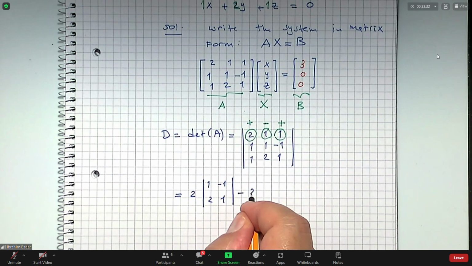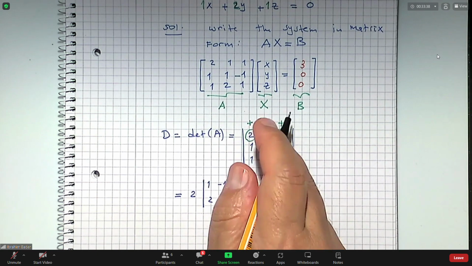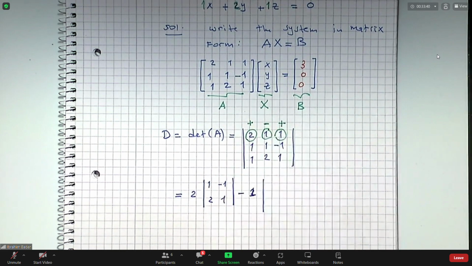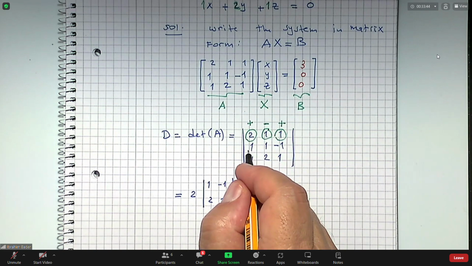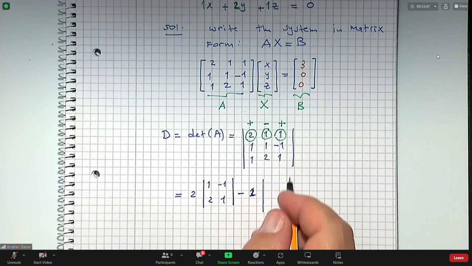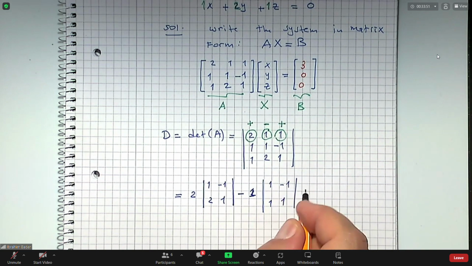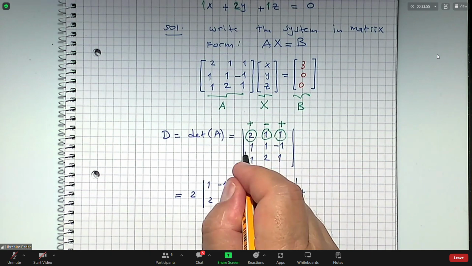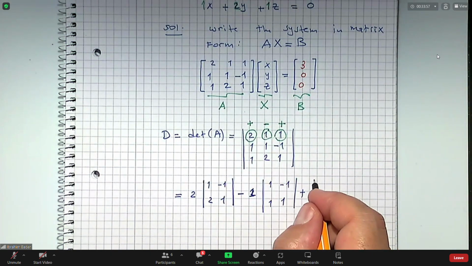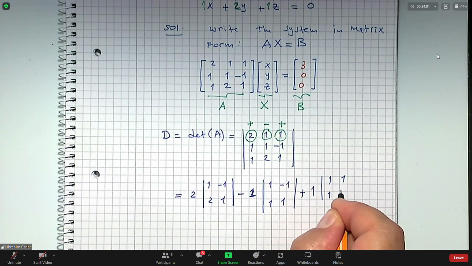Then I take this one, and I multiply it with the result of the reduced determinant. So if I cover this row, this column, I'm left with 1, negative 1, 1, 1. And the last one is, again, this one, I cancel this column, this row, 1, 1, 1, 2. So 1 times the determinant 1, 1, 1, 2.